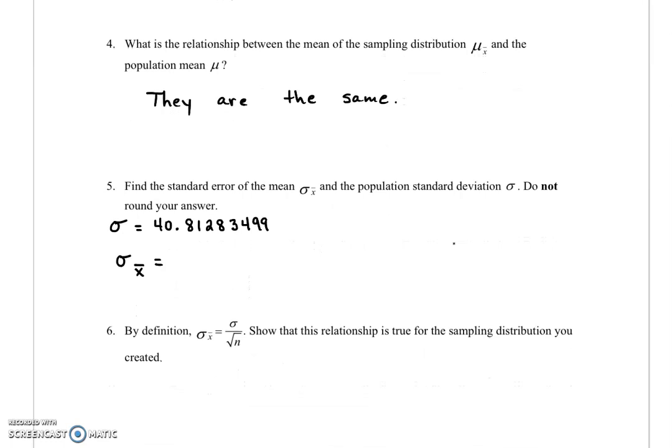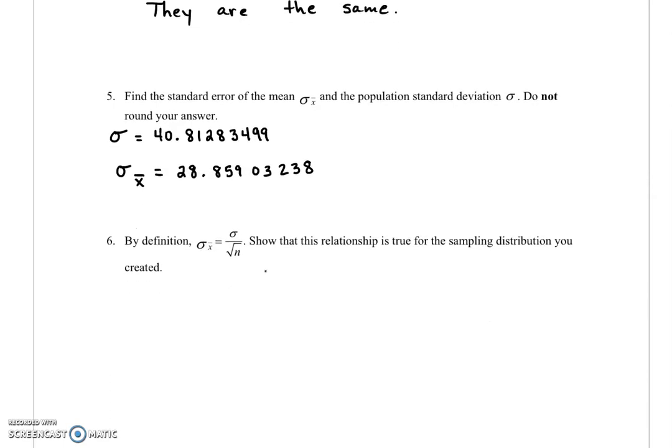Now, for our standard deviation for the sampling distribution, or the standard error of the mean, we got 28.85903238.